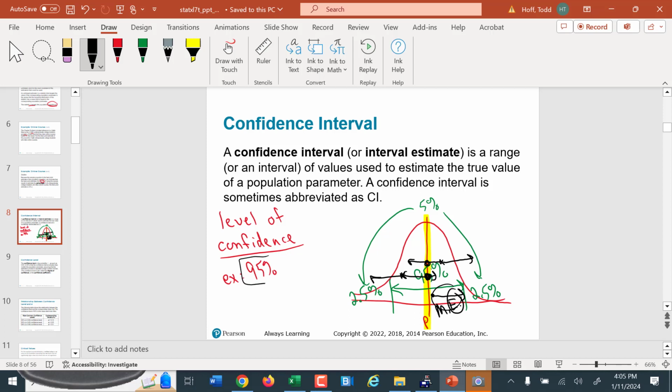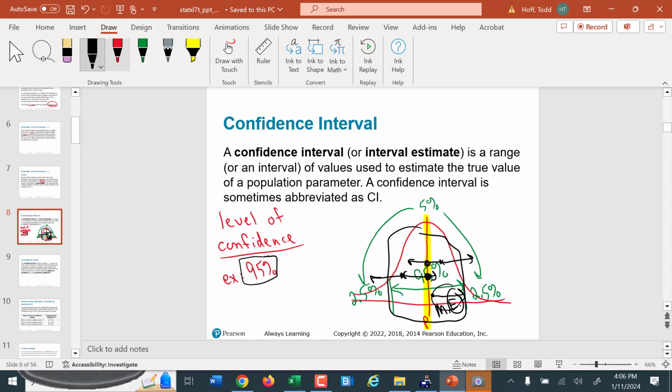What does the 95% level of confidence mean? Well, what it means is we go out far enough here for that margin of error that we would expect 95% of all sample proportions to fall in that range.